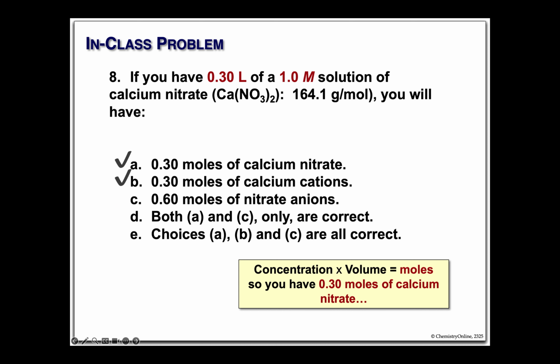Once again, we're looking at nitrate now. The mole ratio is 2 nitrates for every calcium nitrate. If the mole ratio is 2, we will have twice as much. And this is an ABC.